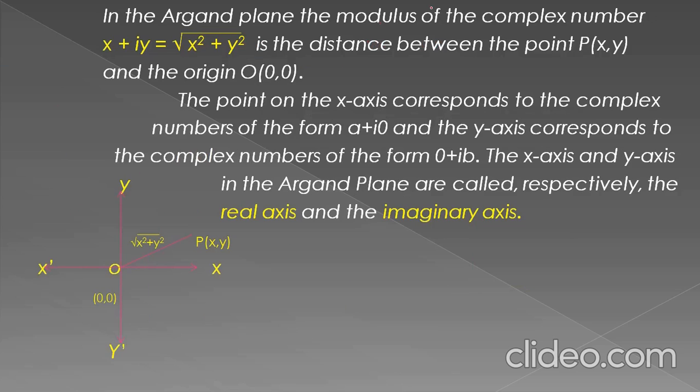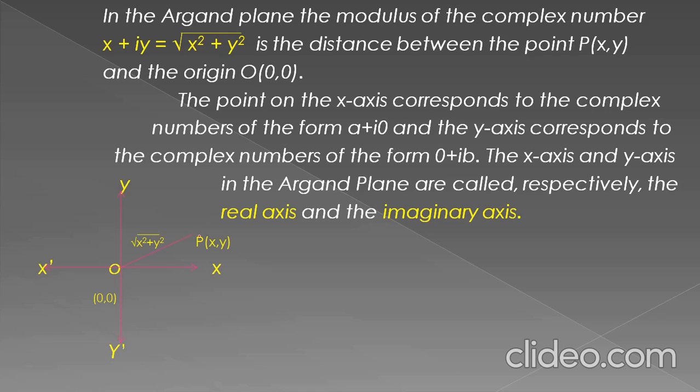Now in the Argand plane, the modulus of a complex number, as we have seen before: if x plus iota y is a complex number, its modulus will be under root x square plus y square. This modulus is the distance between the point P (x, y) and the origin (0, 0).